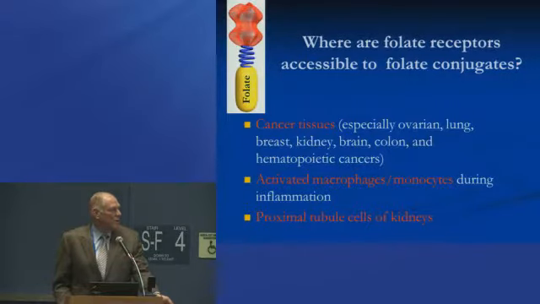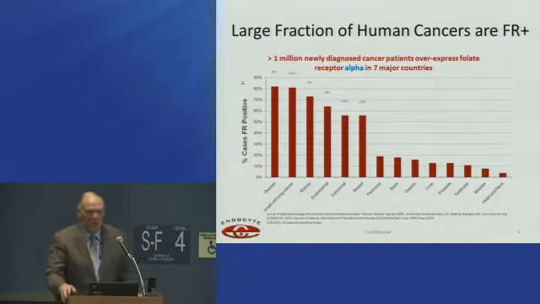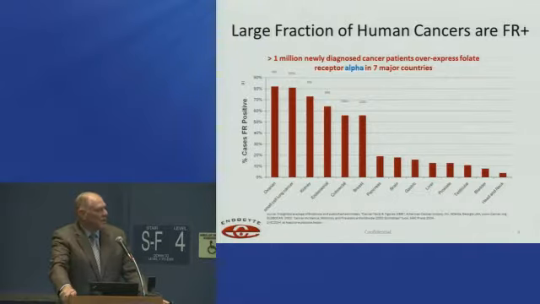These express folate receptors also. They're very rich in them, and they make a very good target for cancer therapies. The proximal tubules of the kidney also express high levels of the receptor, and they're accessible to any folate conjugate that filters into the urine.